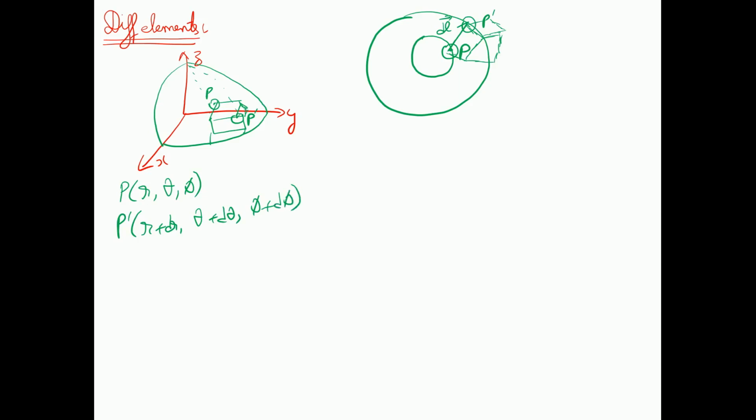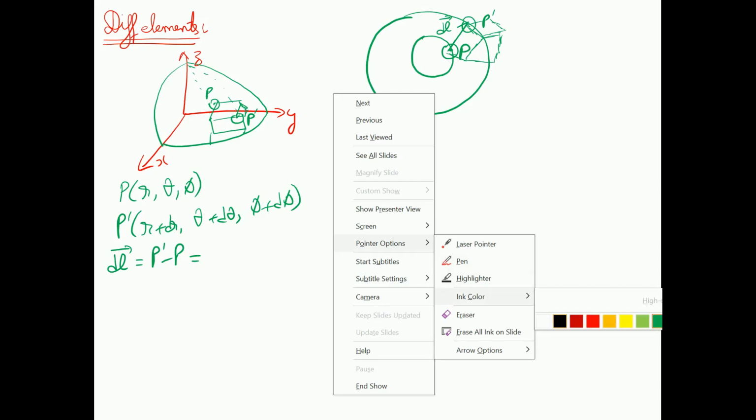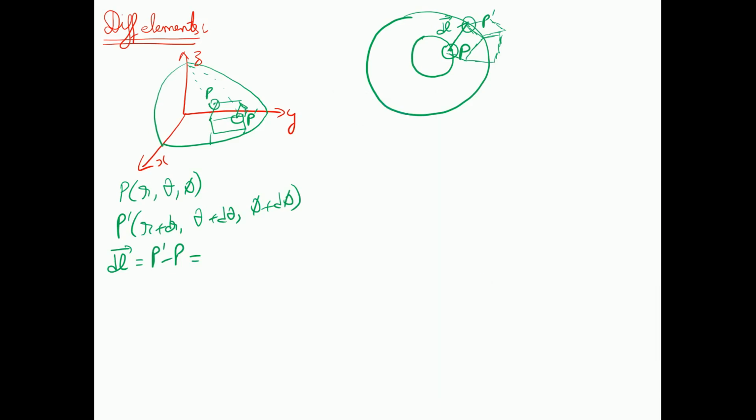So the differential element in terms of the distance d l comes out to be P dash minus P. But what are the three differential elements before we go for d l? As you might have figured out from the main image, the radial component is front and back. Anything that is moving away from the origin is the radial component.